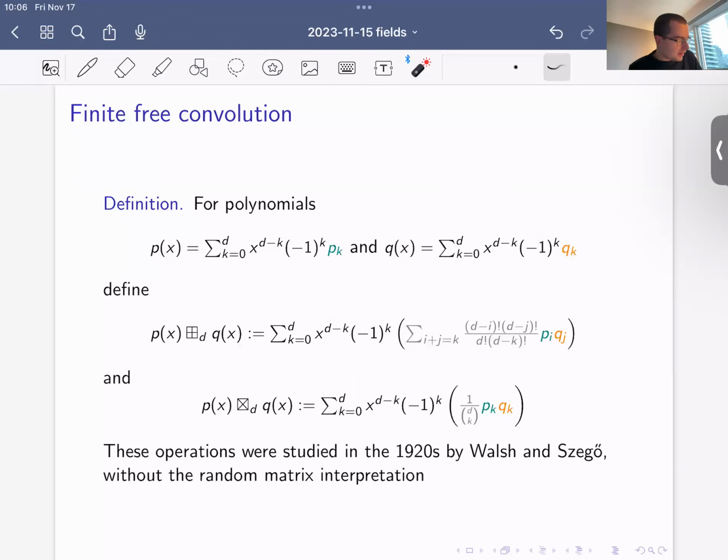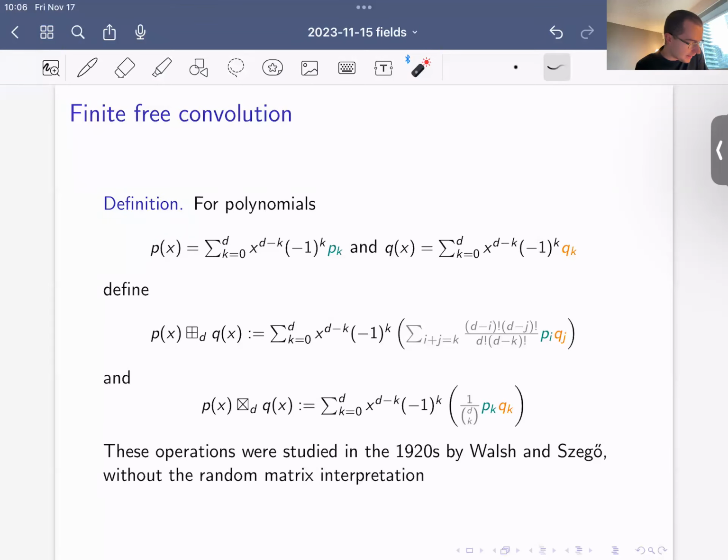These two operations, of course, are completely algebraic. There's no analytic content to this definition. And in this form, these operations were already studied about 100 years ago, specifically 101 years ago in 1922, of course without the random matrix interpretation.